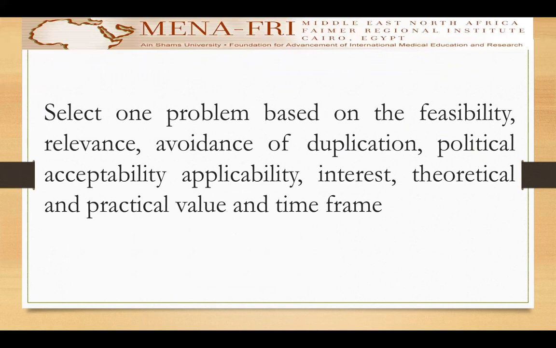Make sure that whatever you want to do or the area you want to tackle is politically acceptable, it's applicable, it's within your scope of interest, there is theoretical and practical value to tackling it, and it's good for you to tackle in a year. So we always try to refer to something that can be done in a year, and this is your time frame.